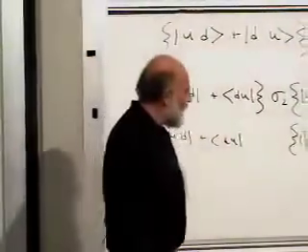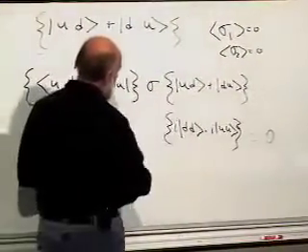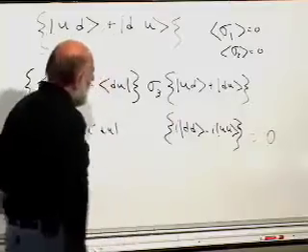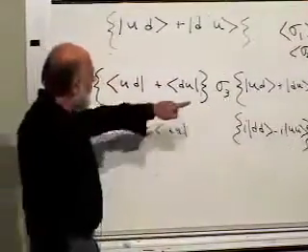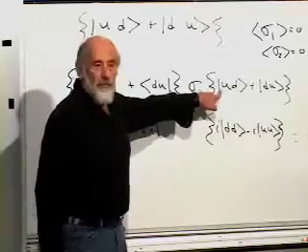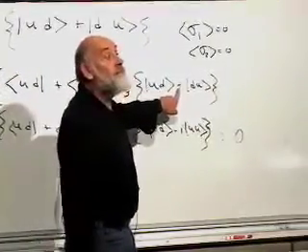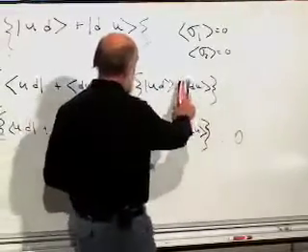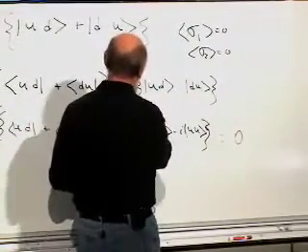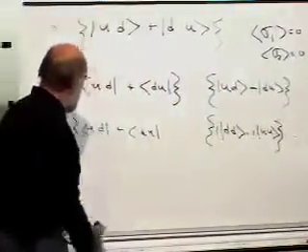Okay, so let's check sigma 3. What does sigma 3 do on this? Well, keeps it up, does nothing. What does it do to this one? Minus sign. So sigma 3 just multiplies this one by minus. Now let's look at the inner product.